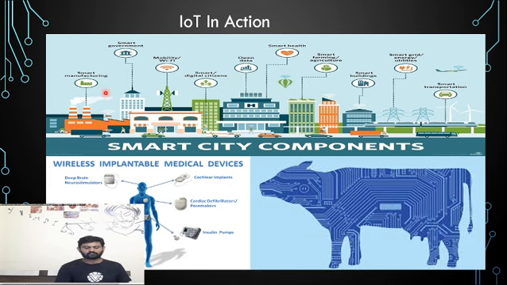Major, for example, the transportation industry. Tesla is the best example for an IoT based car, right? Even for logistics, IoT is getting used in a very huge manner to track shipments, to ensure the packages which are shipping do not get tampered. They are putting tamper detection based on IoT.